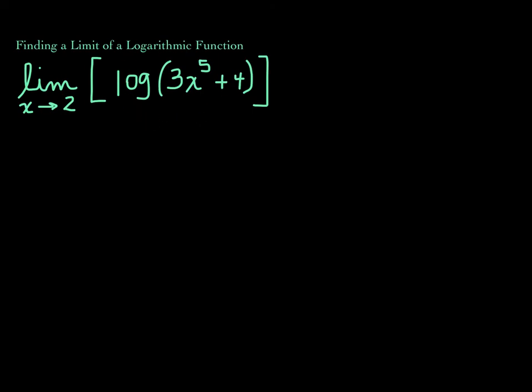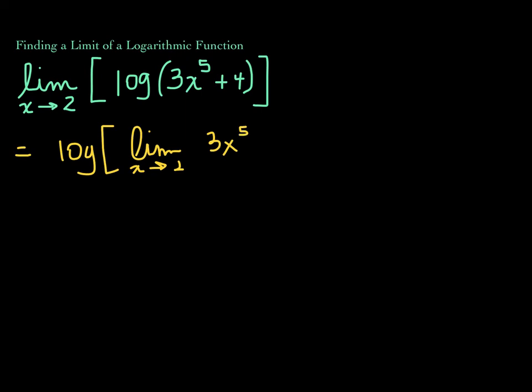The logarithmic function rule, which was rule number 11, says that this is equivalent to log base 10 of the limit as x approaches 2 of 3x to the 5th power plus 4.